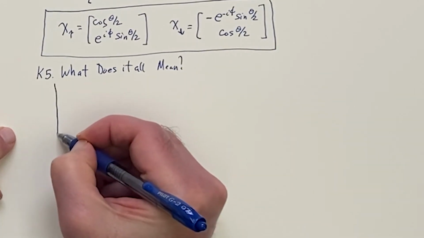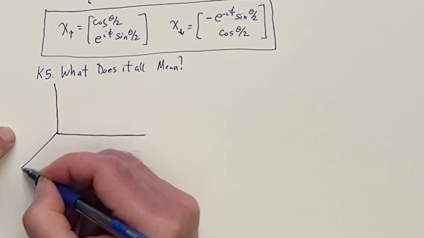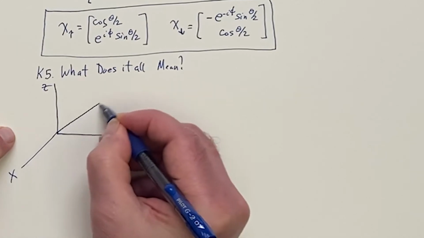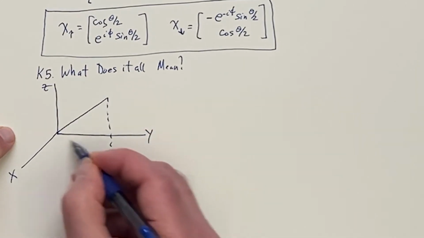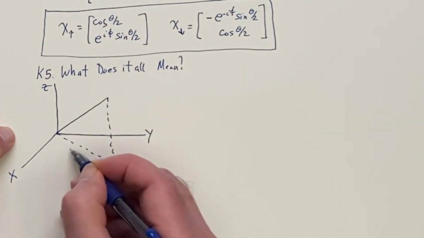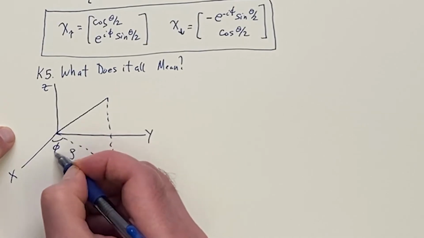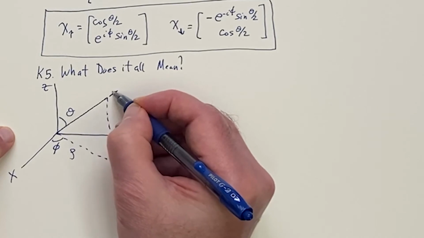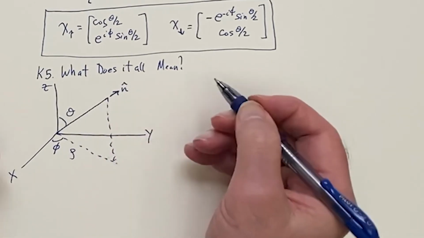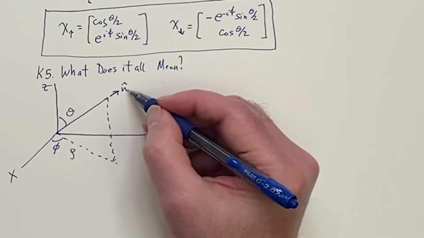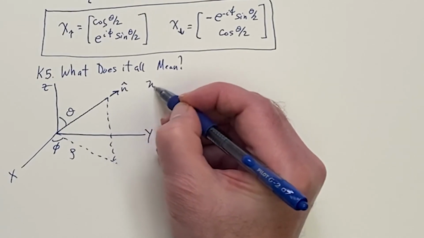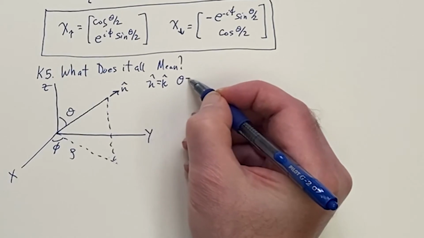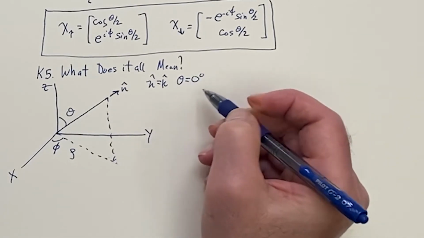Well, let's look at our system here, x, y, and z. Come out here, just reproduce what we had before, the rho, the phi, and the angle theta. And this is your general direction, like this. If I wanted the direction to be k hat, then I would want the theta to be 0 degrees.